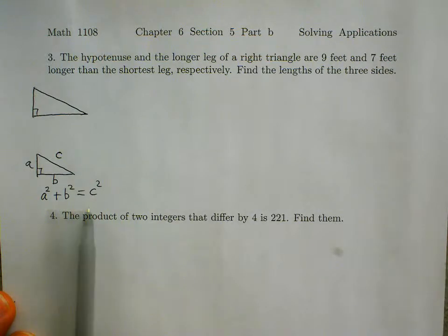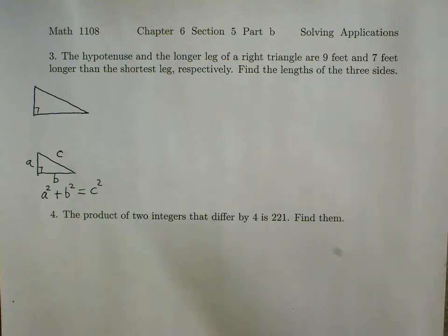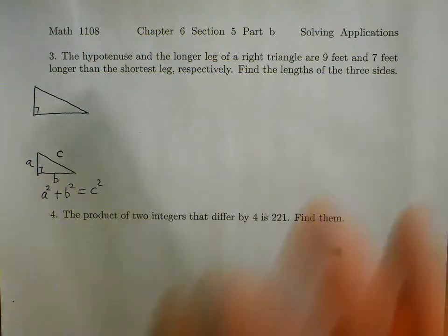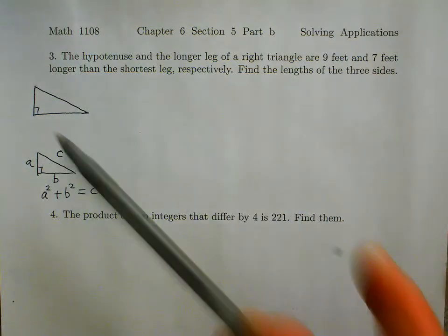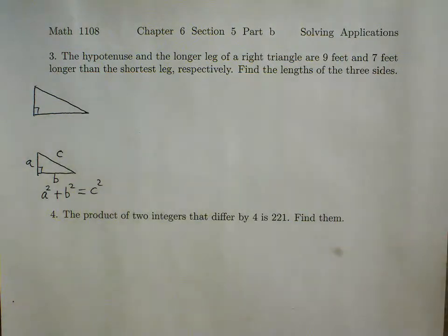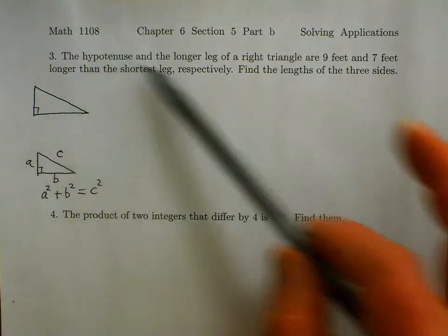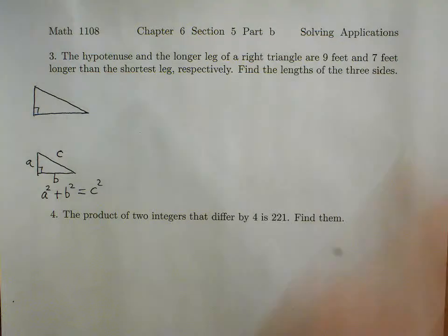So we're going to use the Pythagorean theorem, but we need to make variable assignments for our particular right triangle. So any suggestions on the variable assignments for the hypotenuse, the longer leg, and the shortest leg?